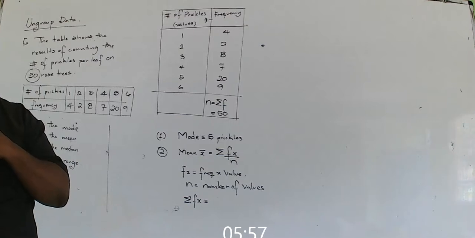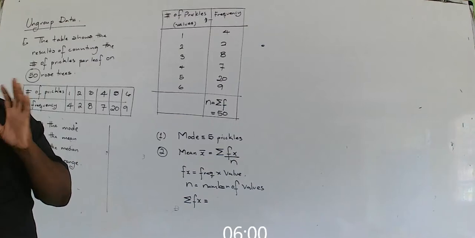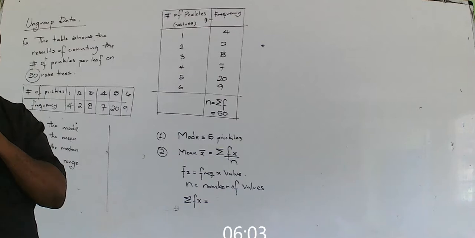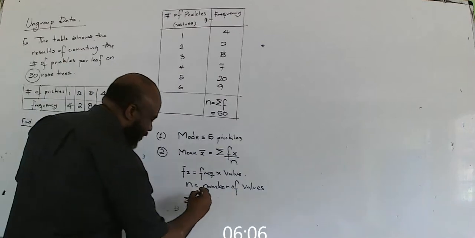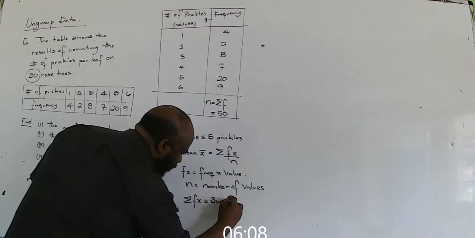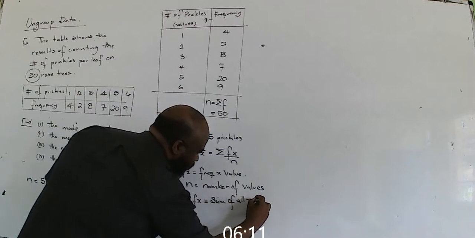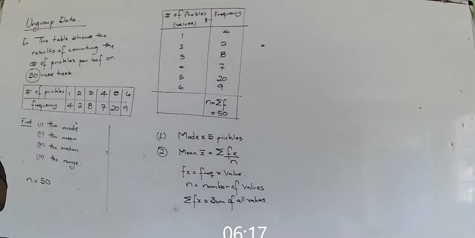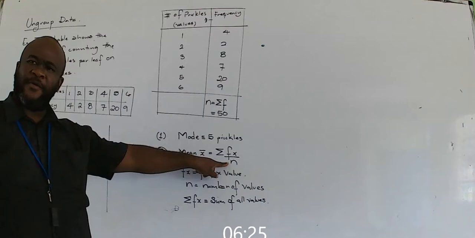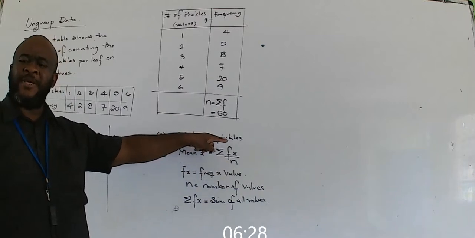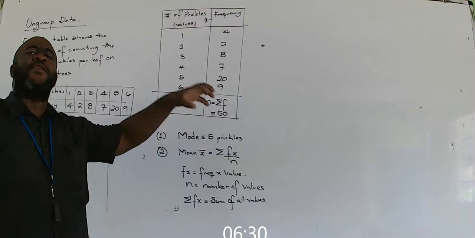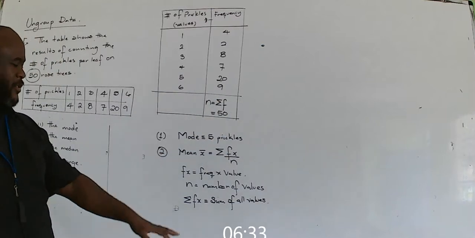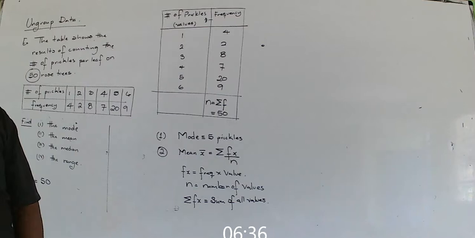I don't want a number. The sum of fx is the sum of all values. The sum of all values divided by the number of values. So the sum of fx is the sum of all values.